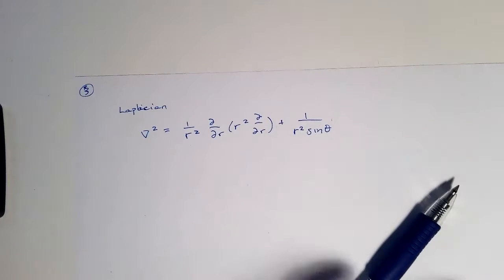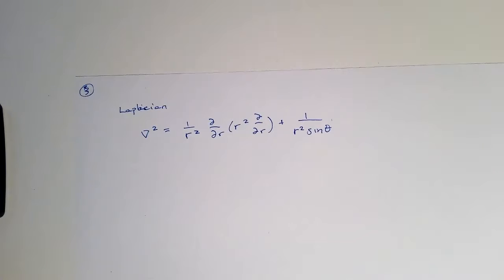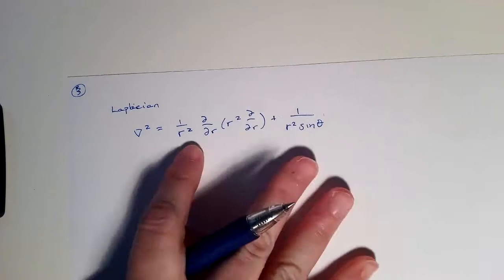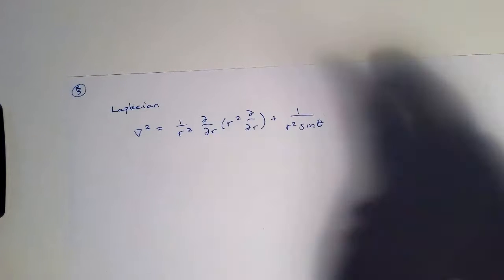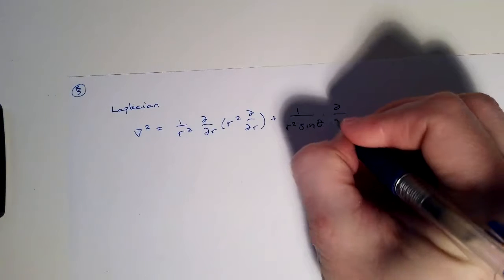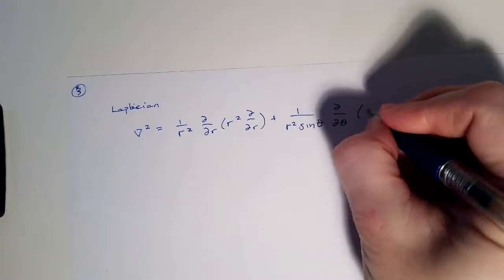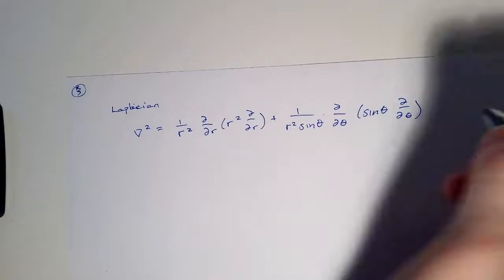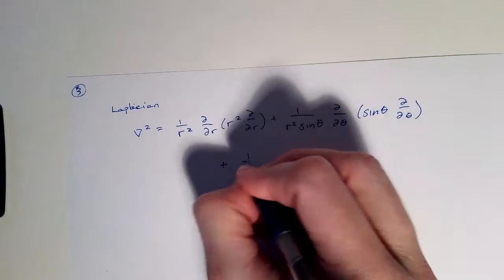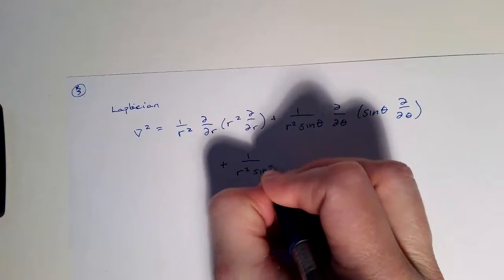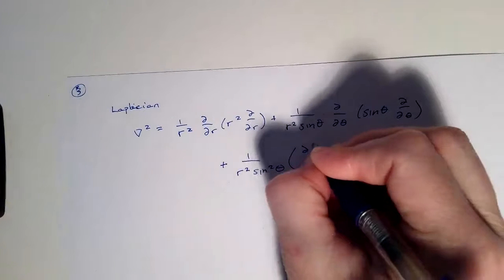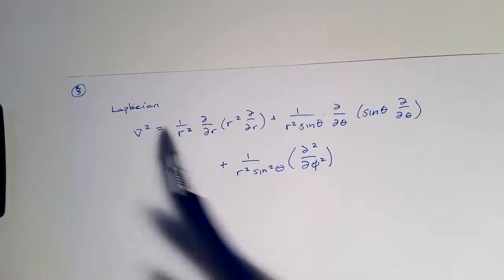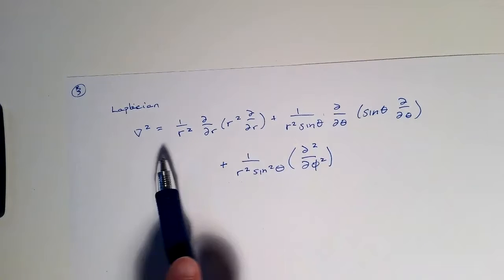Okay, so your Laplacian in spherical looks like this for our first term, then 1 over r squared sine theta d theta, sine theta d theta. And then finally our third term, 1 over r squared sine squared theta. And then an instruction for two of these derivatives. So this instruction is really for each of these terms.